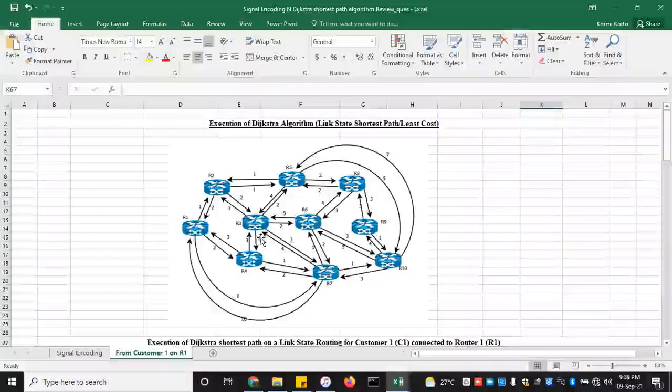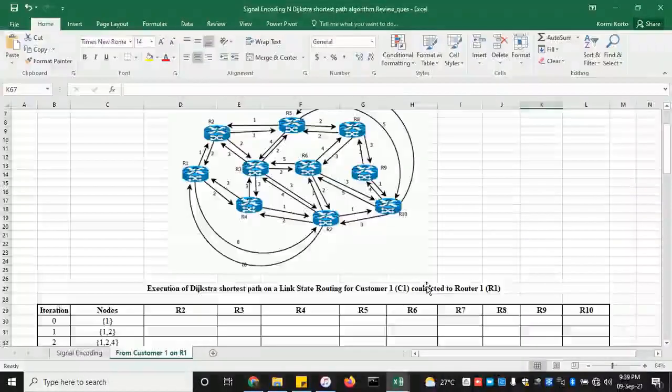particular link state routing, for maybe a customer that's connected to one of these routers trying to send a message to a different customer or different device connected to another router at a different side of this nested network.